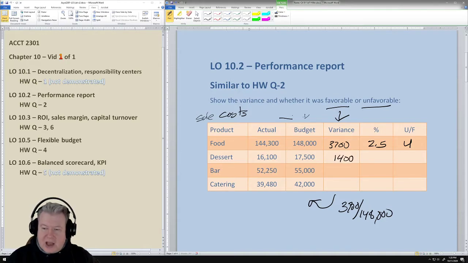And once again, that's under. So we would say that's unfavorable. And that percentage is, just taking a look at my previous calculations, 8. And so you would go ahead and figure out all of these. So just remember, the variance is the difference, and you can figure out the percentage based upon the variance to the budget. And then favorable or unfavorable, that's going to be situational on whether it's a sales or a cost.